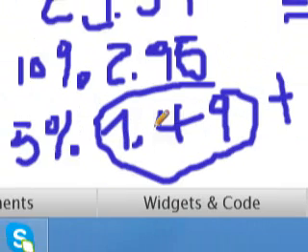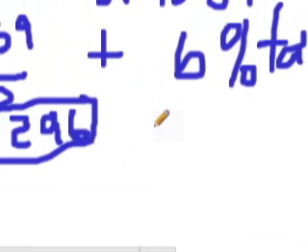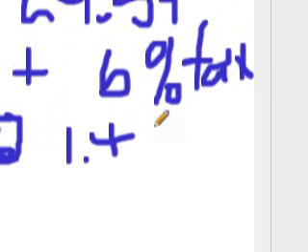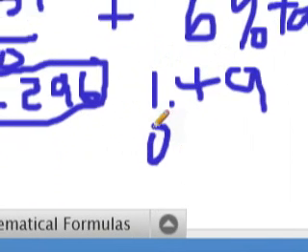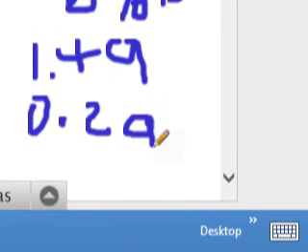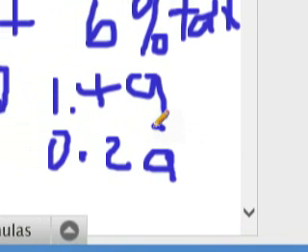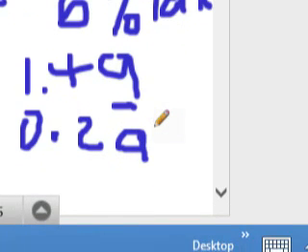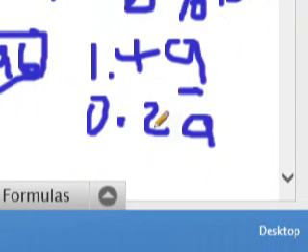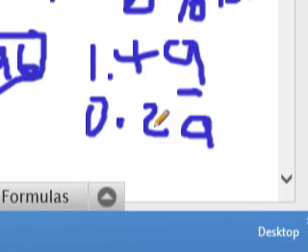I have to add 1.49 plus 0.29. I can approximate them as 1.5 plus 0.3, which gives me about 1.8.